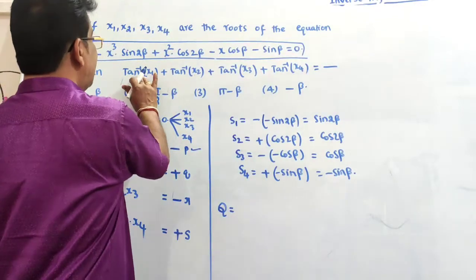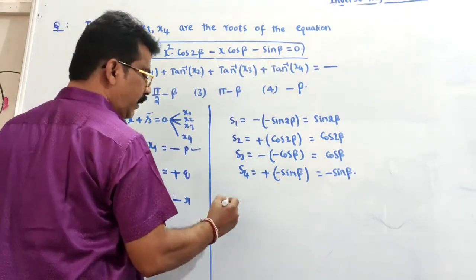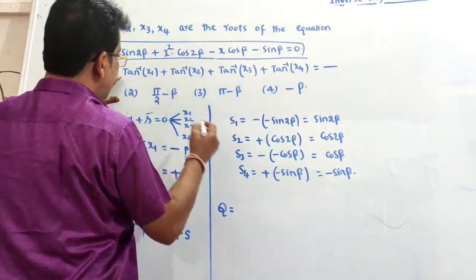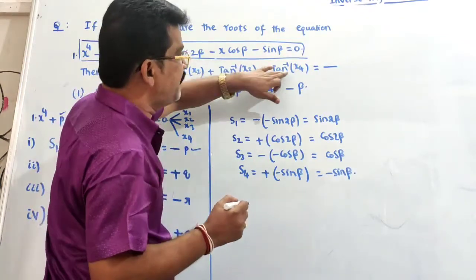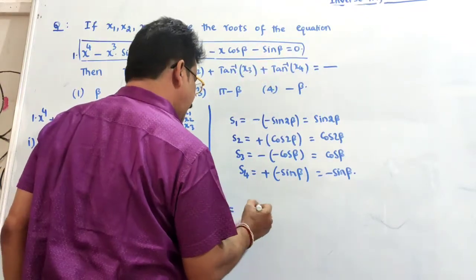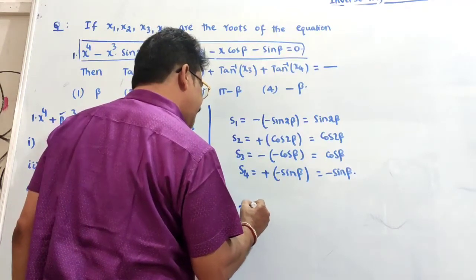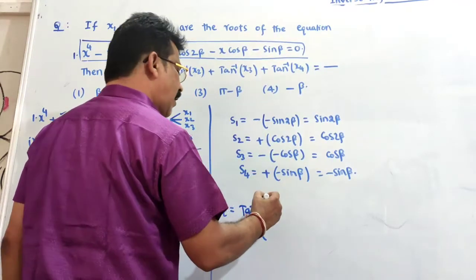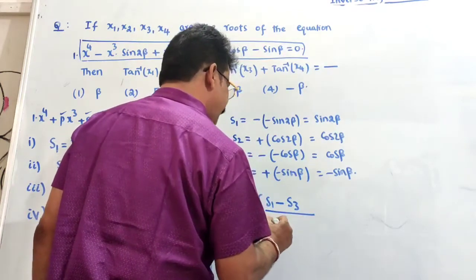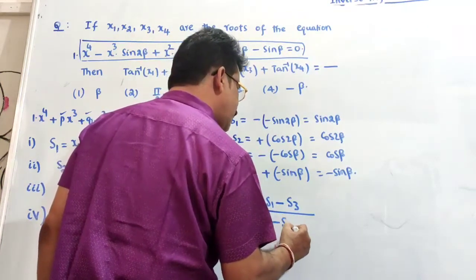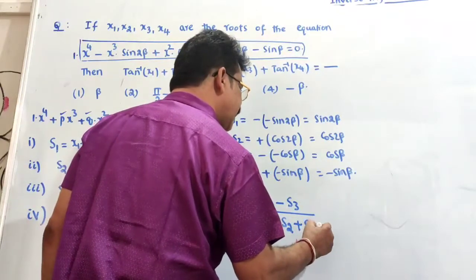But here it is a matter of 4 values. Therefore, tan inverse of x1 plus tan inverse of x2 plus tan inverse of x3 plus tan inverse of x4 equals tan inverse of (s1 minus s3) by (1 minus s2 plus s4).